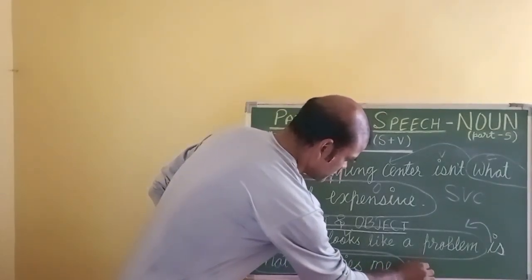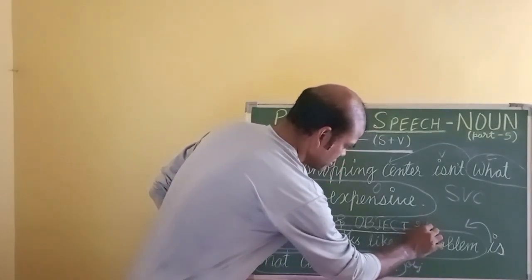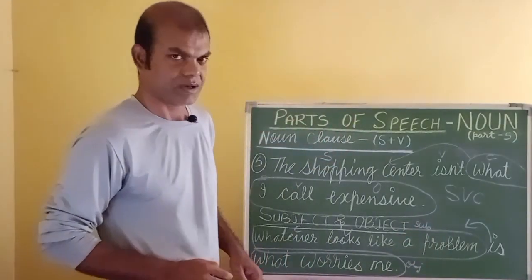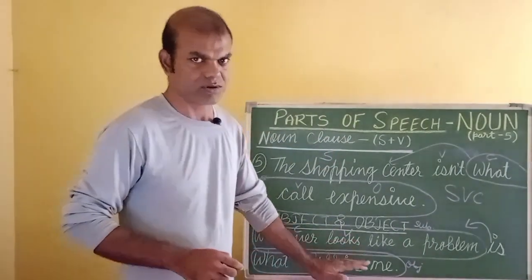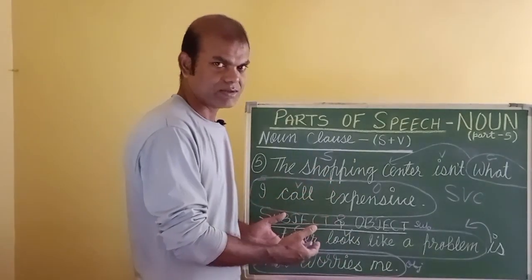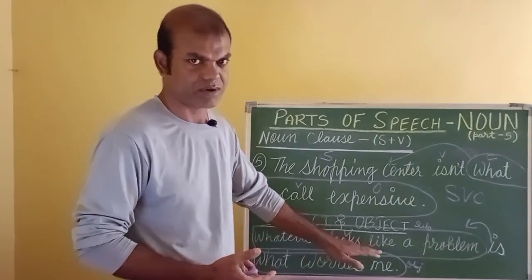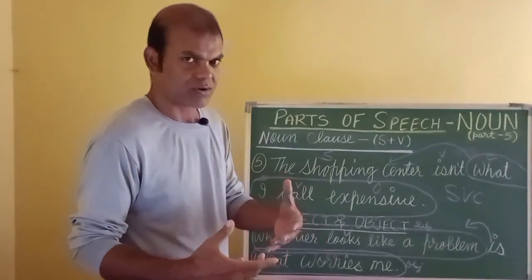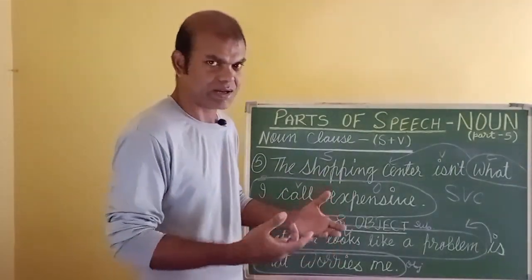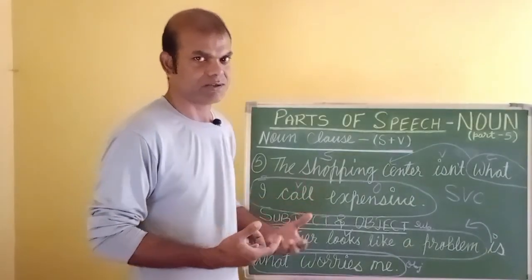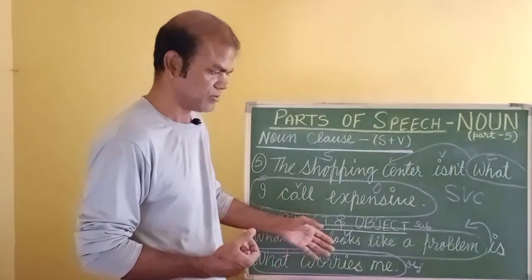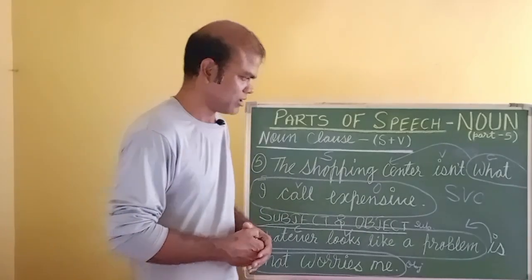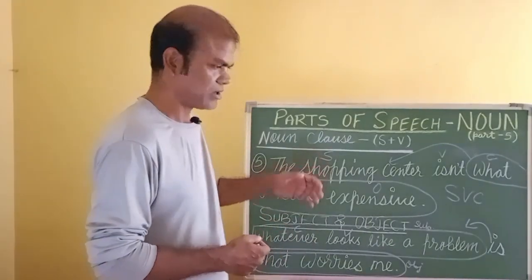This is the object and this is the subject. Okay, so there are two clauses, two noun clauses, and both are in a sentence and they are working as a subject and object. So by using one or two or more clauses in a sentence, you can give varieties to your writing while using these noun clause. Okay, so I hope you understood about the noun clause.